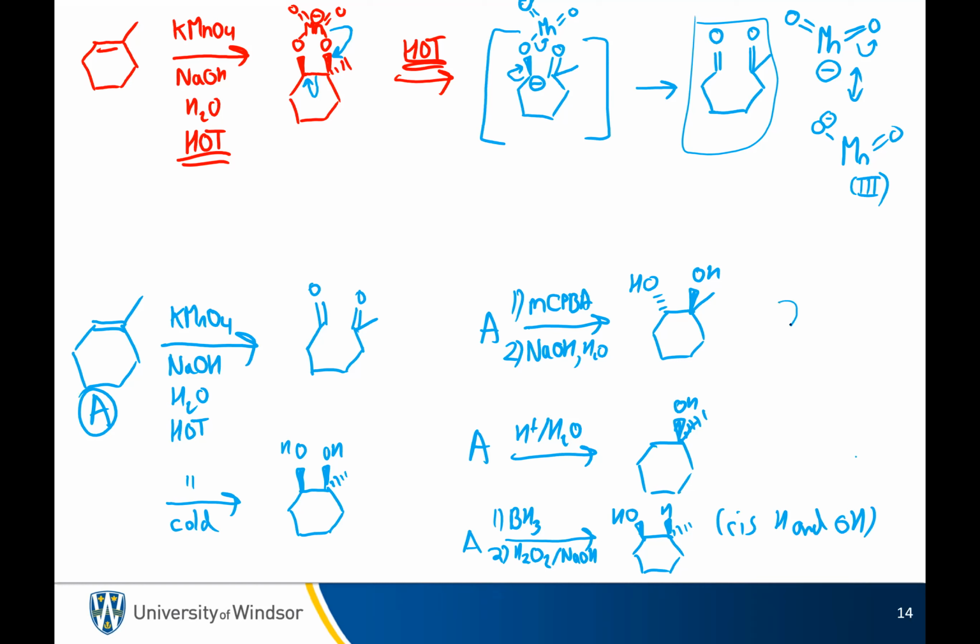These cases, they have to be trans, but random. There's 4 products you can actually get there. Okay, so we have trans diols, we have cis diols, we have the mono-ol on one side, we have the mono-ol on the other, and we can cleave the whole thing down to 2 aldehydes.